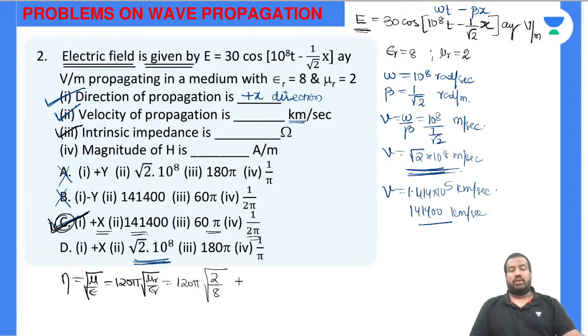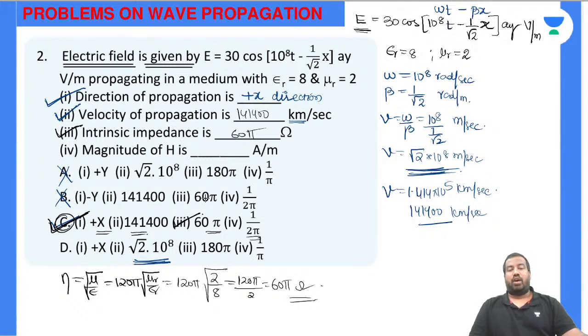120 pi into under root of 2 by 8, under root of 1 by 4, 1 by root 4, 1 by 2. 120 pi by 2 is 60 pi ohm. Yes, matching.